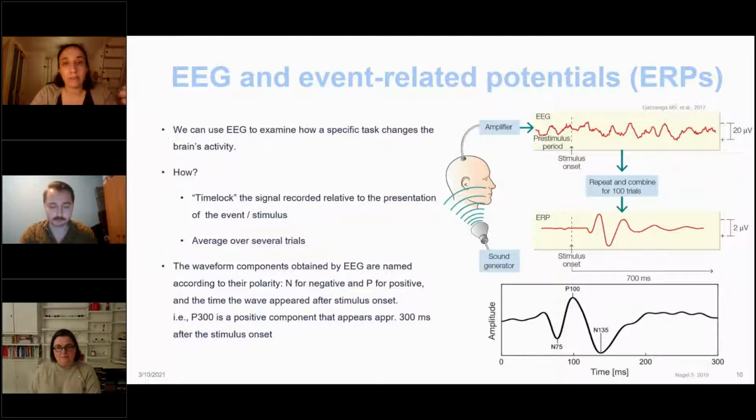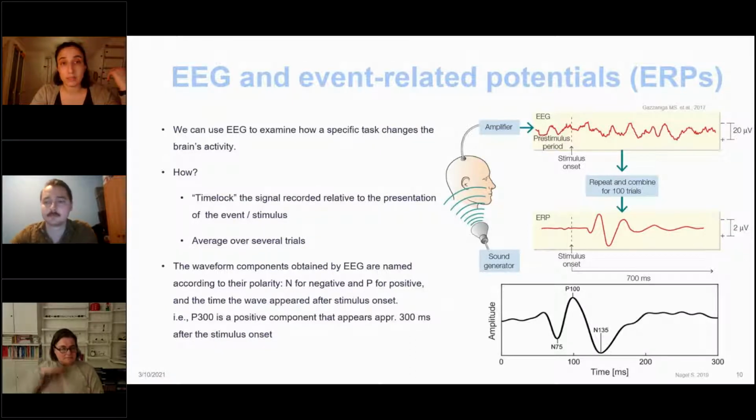We have the participant go over the same stimulus for many trials, we center the signal we get in relation to the stimulus onset, and then we take the average, and we can get something like that.